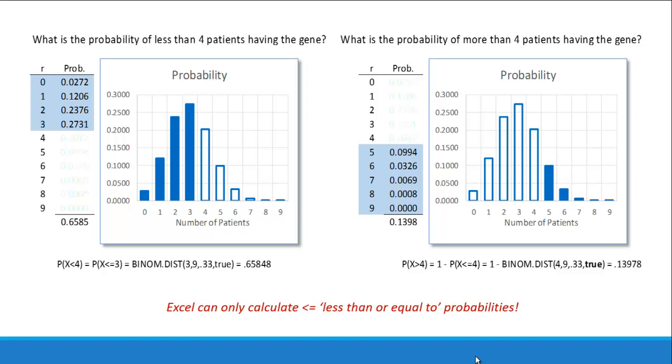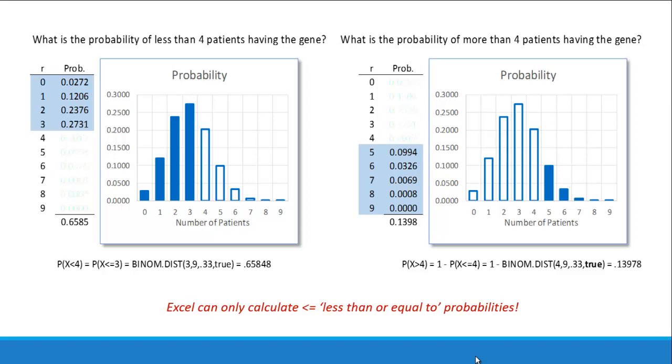And the fourth potential question we can ask is, what's the probability of more than 4 patients having the gene? Remember, Excel can only calculate less than or equal to probabilities. But here in our illustration, we want to know the probability of 5, 6, 7, 8, and 9 possible patients.